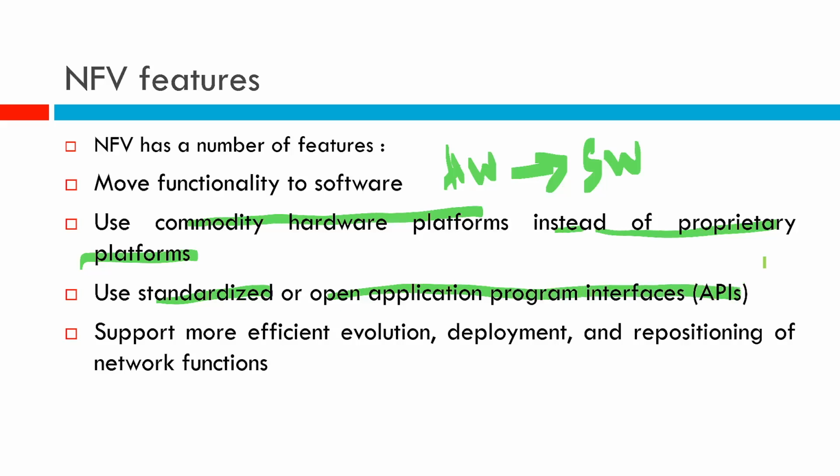Any program can be used for developing the virtual software, the devices. It means the applications act as a router or switches, and also support more efficient evolution, deployment and repositioning of network functions. So it means that you have an efficient way to communicate with other network devices. So this is one of them.